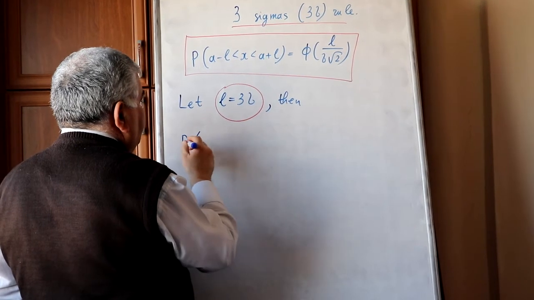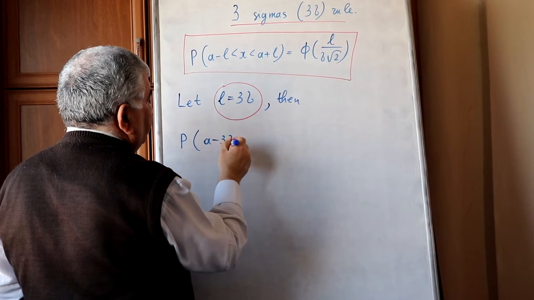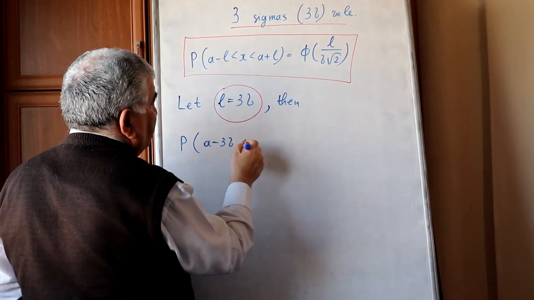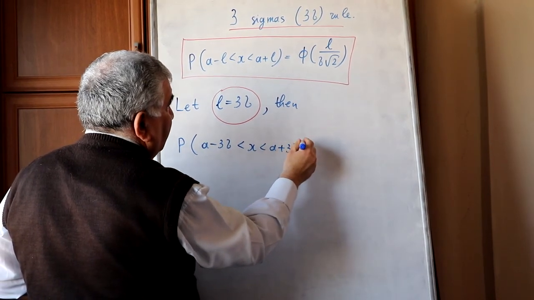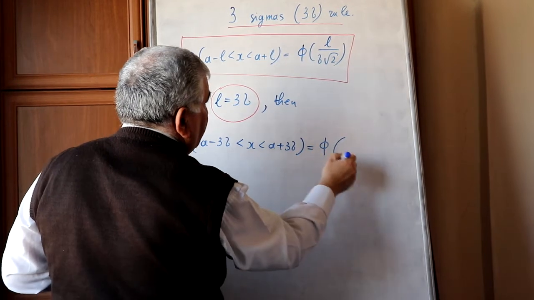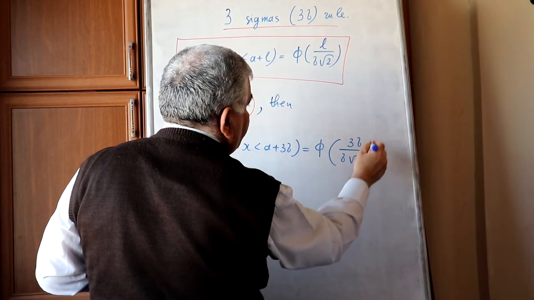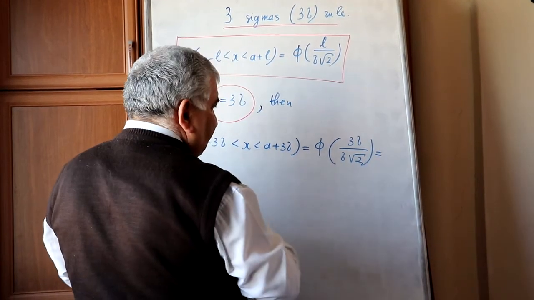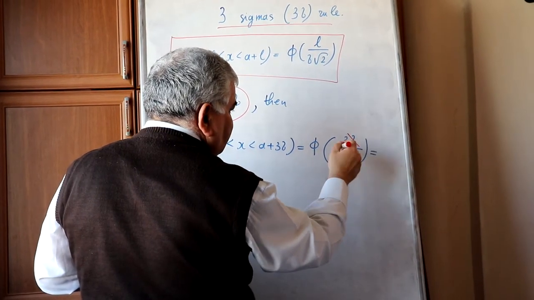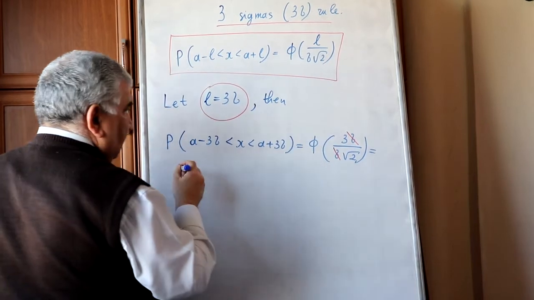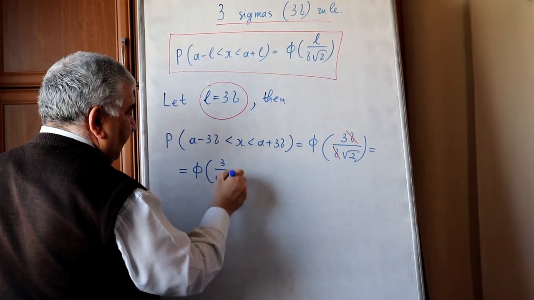P capital of A minus 3 sigma is less than x is less than A plus 3 sigma equals phi of 3 sigma over sigma square root of 2. Here we can simplify the numerator and denominator by sigma, then we will have phi of 3 over square root of 2.